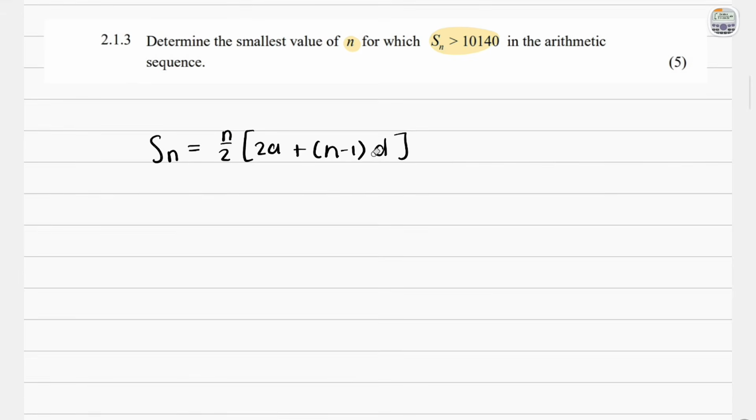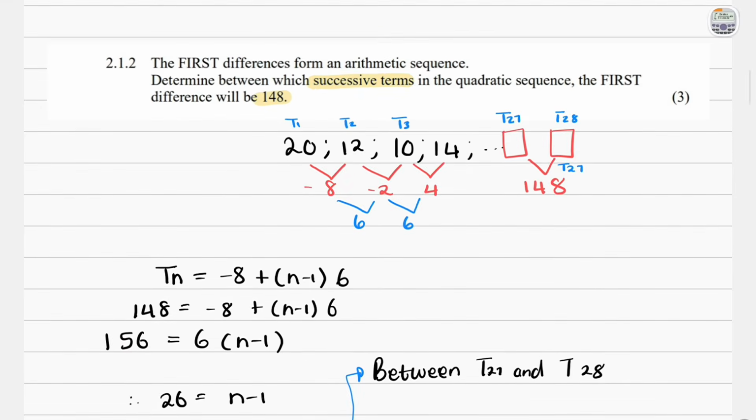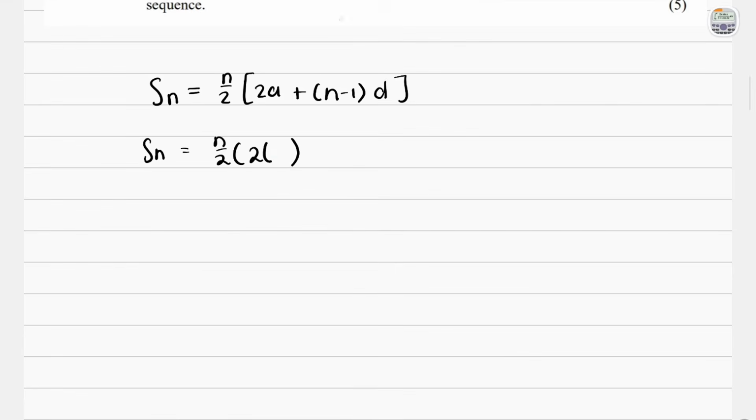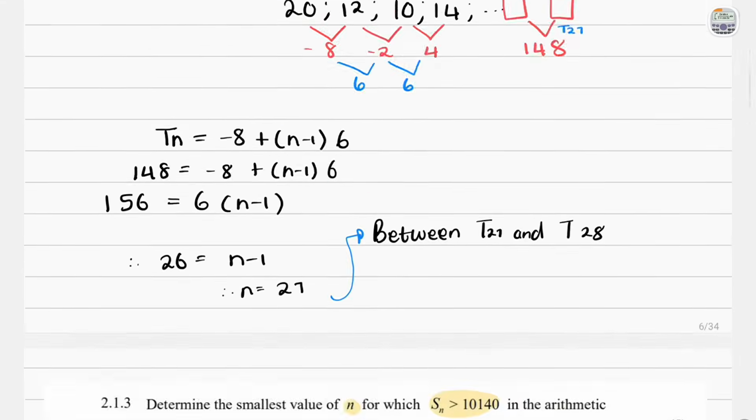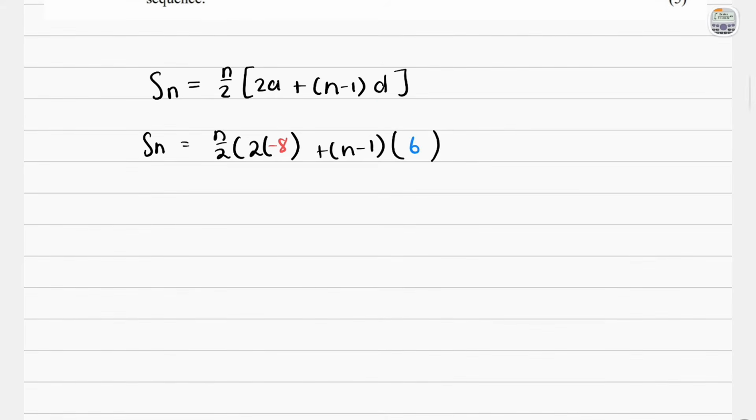And we have the value of d, we have the value of a. So we can say Sn is equal to n over 2 multiplied by 2 multiplied by the a value, the first term in the arithmetic pattern, which is negative 8, plus (n minus 1) multiplied by the constant difference, which was positive 6.